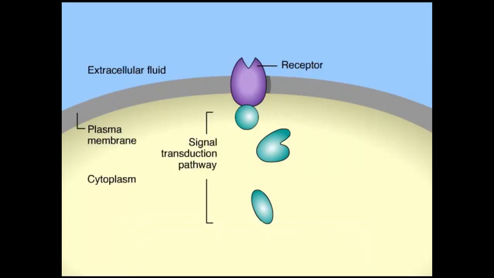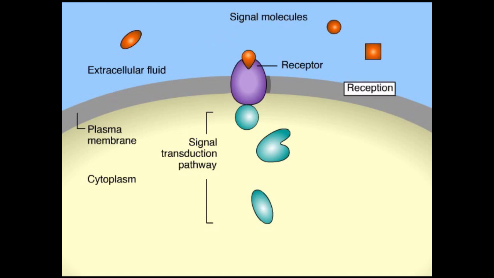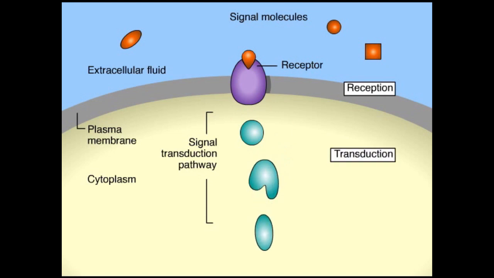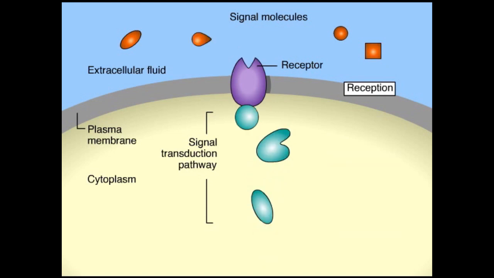Cells communicate with one another by means of chemical signals. For the receiving cell, there are three stages in the signaling process: reception, transduction, and cell response. The cell targeted by a particular signal has a receptor molecule complementary to the signal molecule or ligand. The ligand fits like a key in a lock and triggers a change in the receptor molecule.